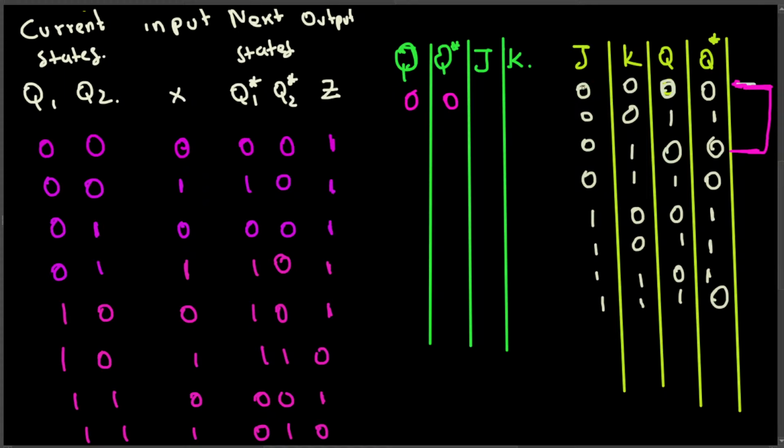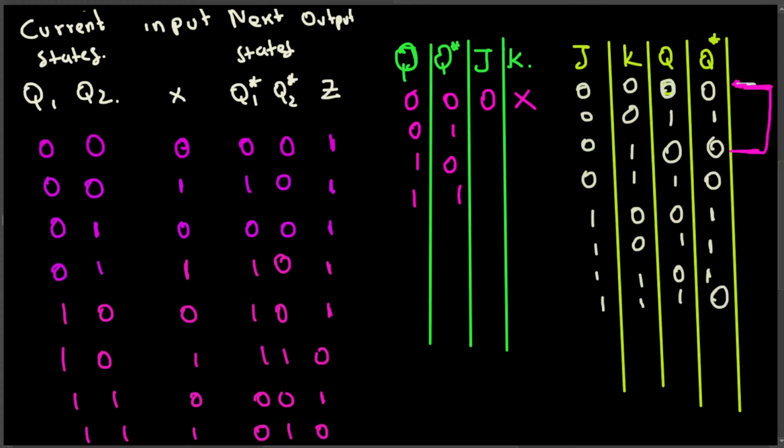You see that J is always 0, but K doesn't matter what it is. It can be 0, it can be 1. J is 0, so K is don't care. We are going to grab 2 at a time, so we have 4 different states: 0, 0, 0, 1, 1, 0, 1, 1.